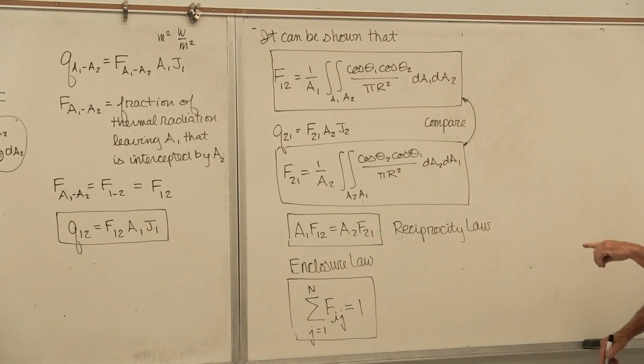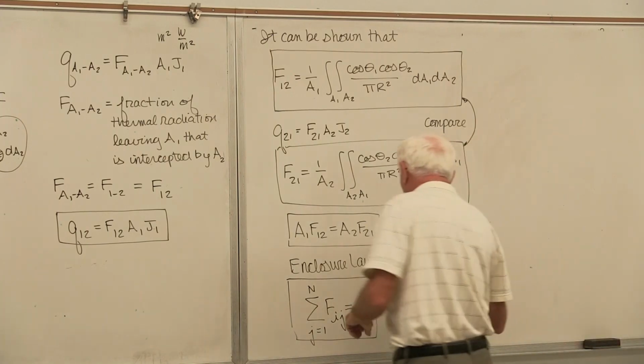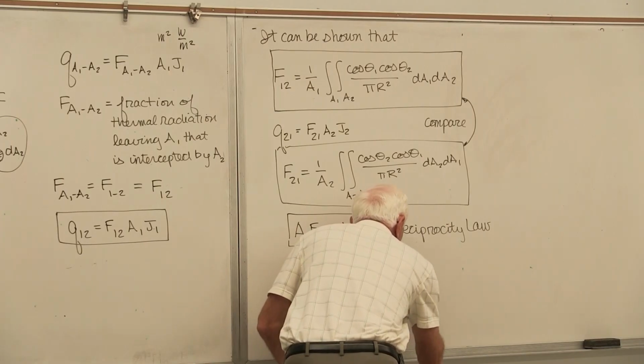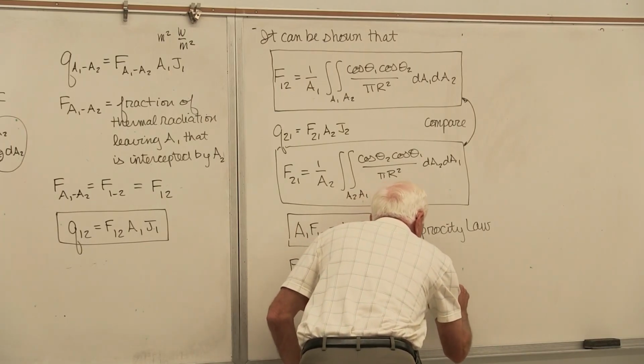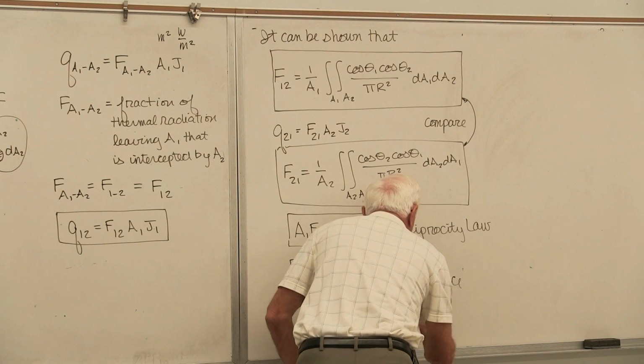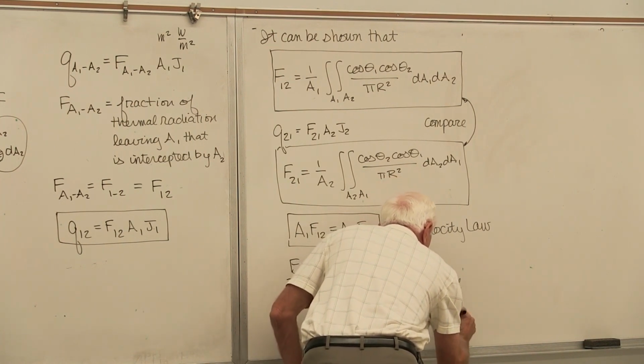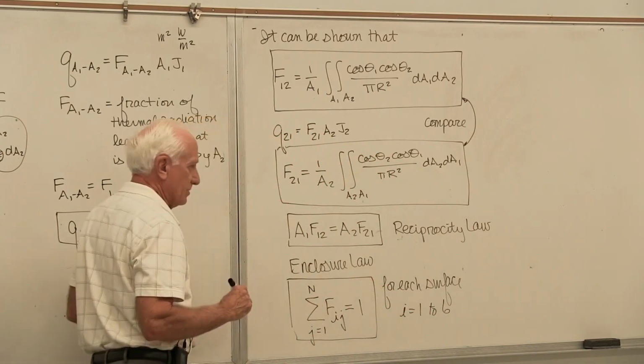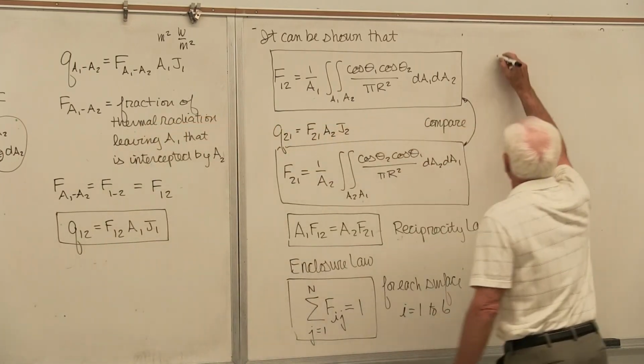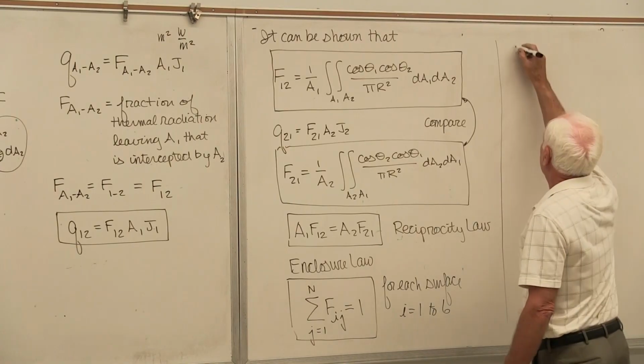The front wall is 1, back wall 2, windows 3, walls 4, floor 5, ceiling 6. This room's a 6-surface enclosure. I'm going to write that for each surface, i equal 1 to 6. So there could be 6 equations. I'll write one of them down. I'm going to let i equal 1.